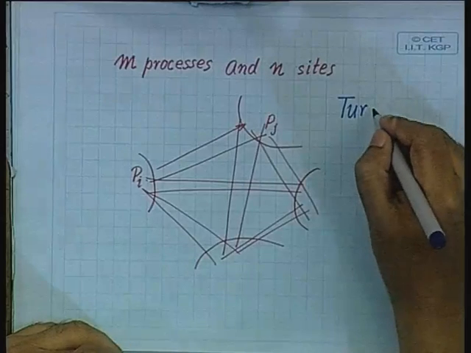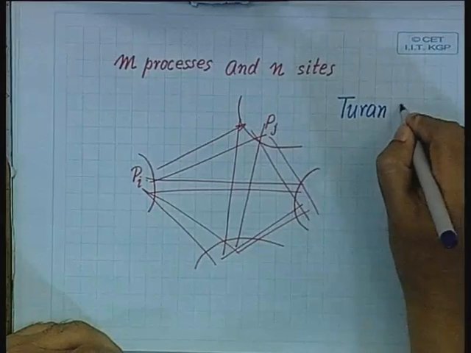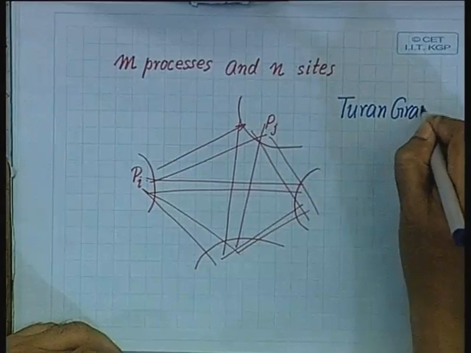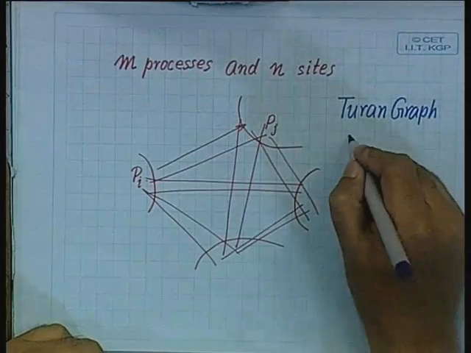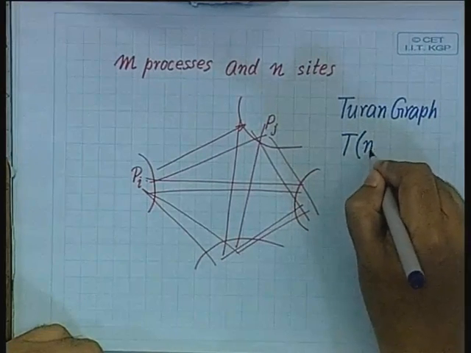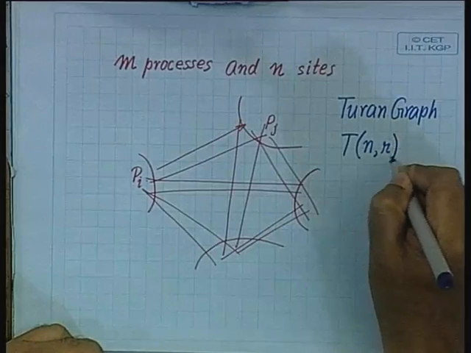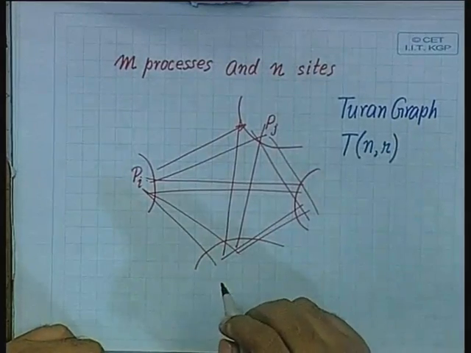No? Okay, so there is a graph called Turan graph. Turan graph is a balanced R-partite graph, right? So if you look at T(n,r), it is the Turan graph with n vertices and r partite sets.